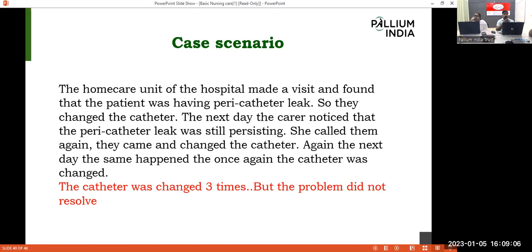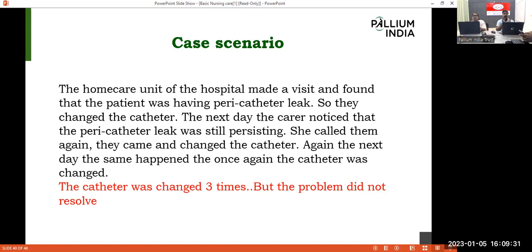In another case, over inflation, because as I already told, 10 to 15 ml of distilled water is needed for inflation of the bulb. If over inflation happens, the over inflated bulb will continuously touch the inner wall of the bladder.